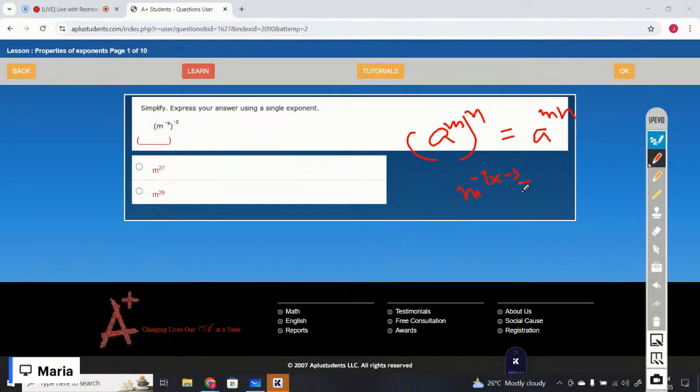Negative 9 times negative 3 is exponent 27.